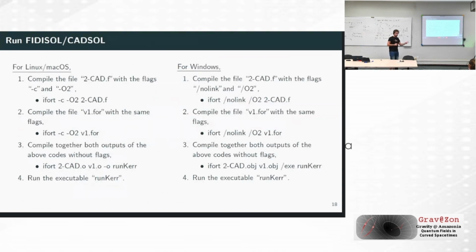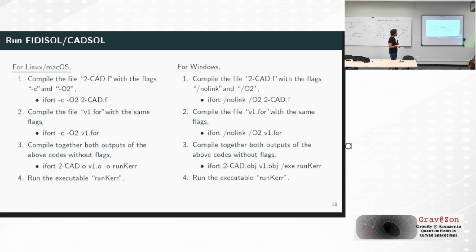So we have two files, as I mentioned. We have the brain and the file that you change. So we have to compile the two. Firstly, you compile the 2/CAD.f, so this is the brain. You compile it and you put this flag, the flag C. This flag C basically says that you do not want to link this file to an output, so it doesn't produce an executable that you can run.